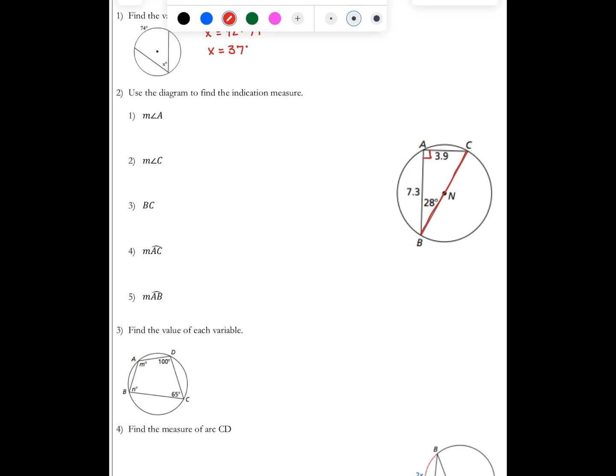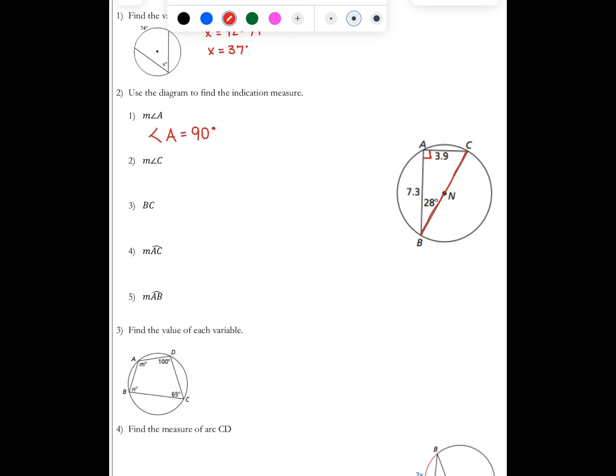That means that our triangle CAB must be a right triangle. So our angle A must be our 90-degree angle.